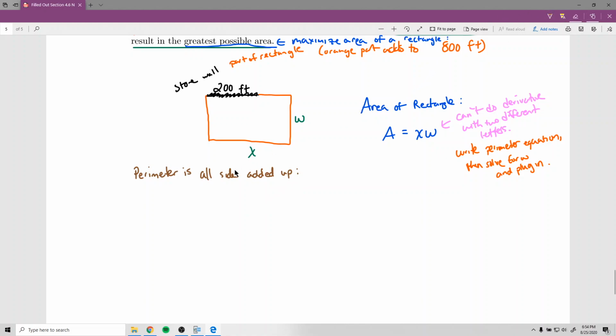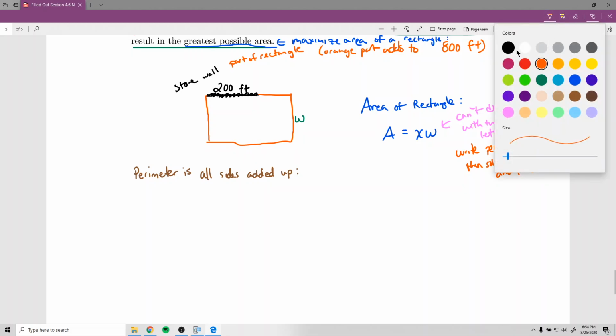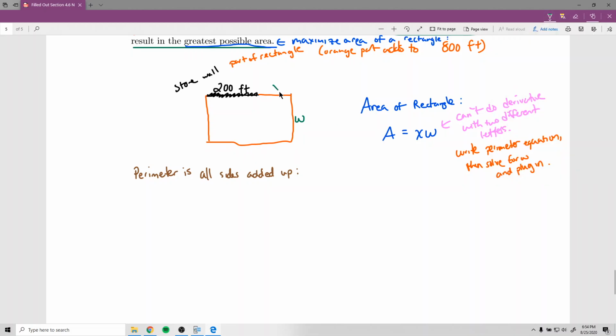Right, come to think of it now, I think the picture, I apologize, it doesn't matter where it's at, but I think they actually put the X on the top side next to the 200. So I'm going to just readjust that.